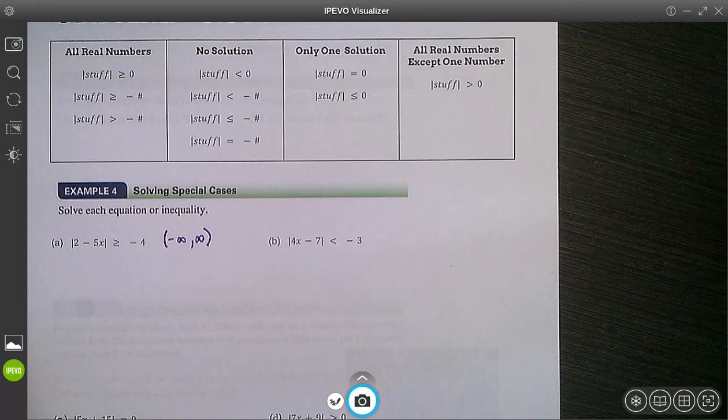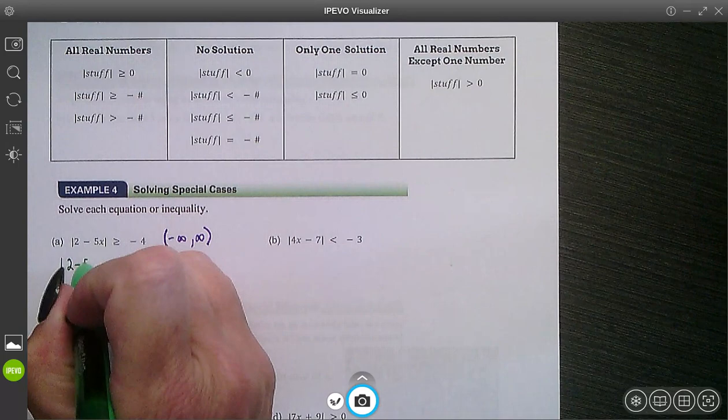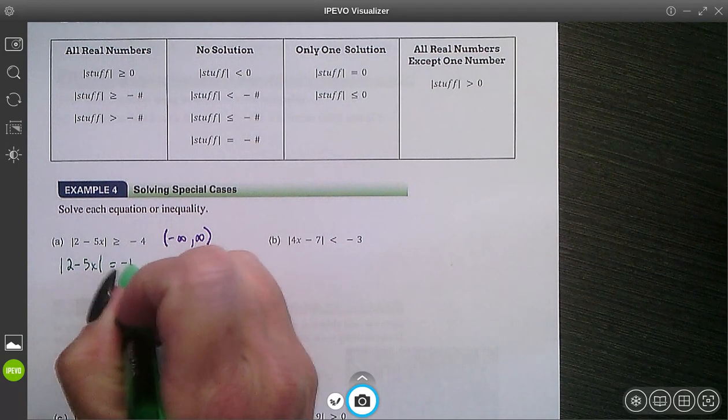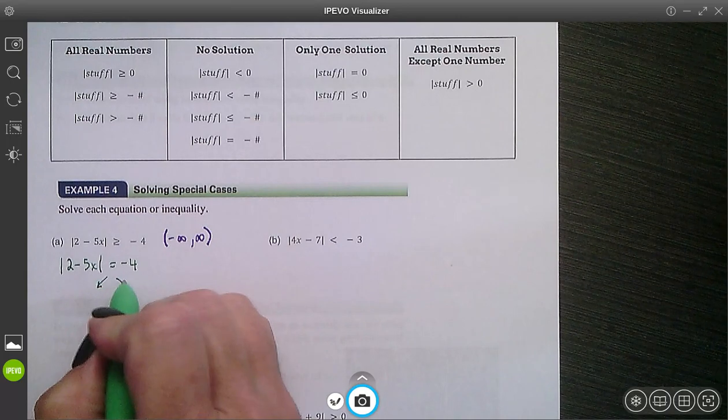If we were to solve it, like we shouldn't because it's a special case, but let me show you what would happen if you forgot that it was a special case and you went ahead and solved it anyway.